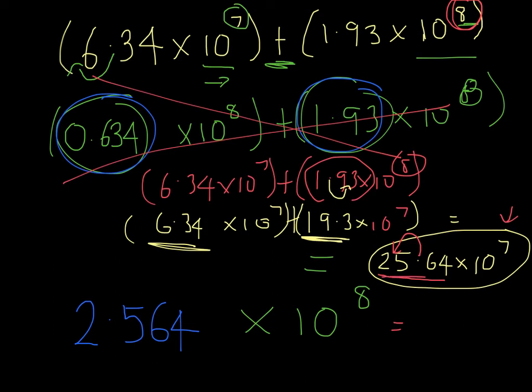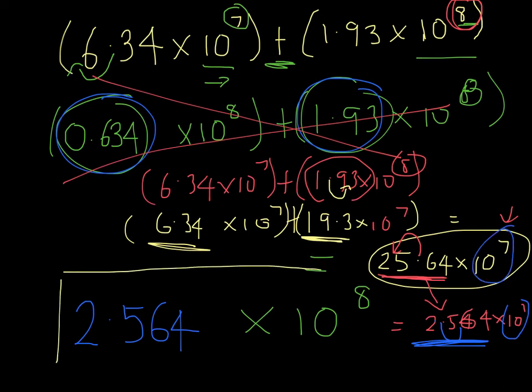That is because, remember, we're turning it into 2.564, and we're multiplying that by 10 to the power of 1. So 2.564 times 10 to the power of 1 will get us back at our 25.64. So that is now our coefficient, and then we can add those powers together to get us to our answer, which is the same answer of 2.564 times 10 to the power of 8.